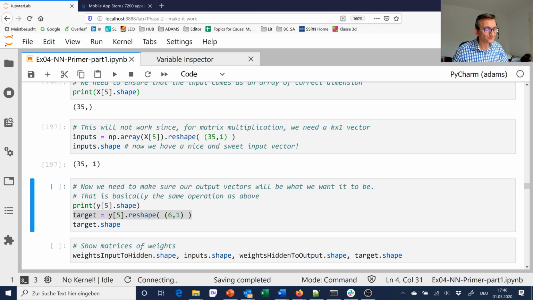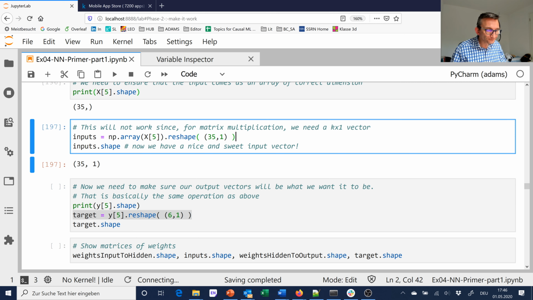For instance, you would never make a column vector out of that. Broadcasting would always turn that into a row vector, which could break your dot products. So just mind these reshape operations. You see them very often, and you will need them very often yourself when you perform such tasks. Always keep an eye on the dimensionality of your data. That is extremely important in the scope of networks.